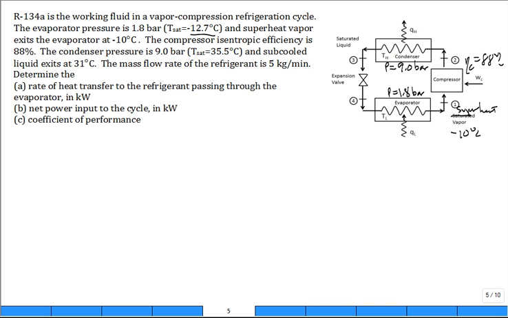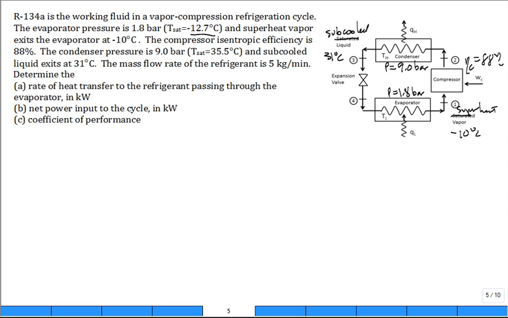Now it exits as subcooled liquid, not saturated, subcooled liquid at 31 degrees C. So if it exited as saturated liquid, it would come out at 35.5 degrees C, but it comes out at 31. So what is that? 4.5 degrees C subcooling? True?